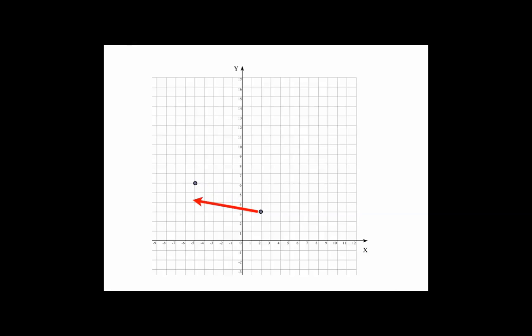So let's say we're going to start by driving straight to the left, that is, a horizontal distance. And you'll notice that we start at 2 on the x-axis, and we end up at -5. Well, going from 2 to 0 is 2 blocks or 2 units, and going from 0 to -5 is another 5 units or 5 blocks.